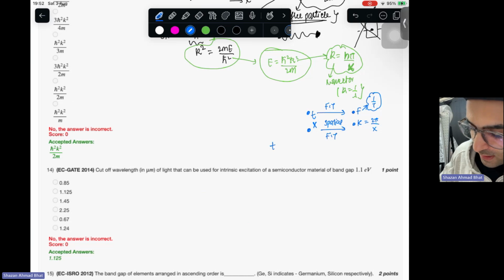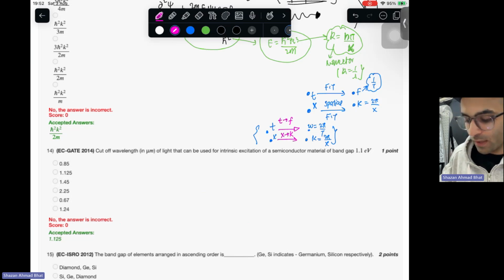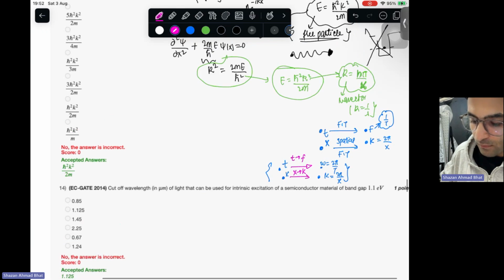If you convert t into omega, you write omega as 2 pi over t. Similarly, if you have x space, you can convert it into k space. You write it as 2 pi over x. These are two different Fourier transforms, but a similar concept. This is the time to frequency Fourier transform. This is the space to k space Fourier transform, the spatial Fourier transform.